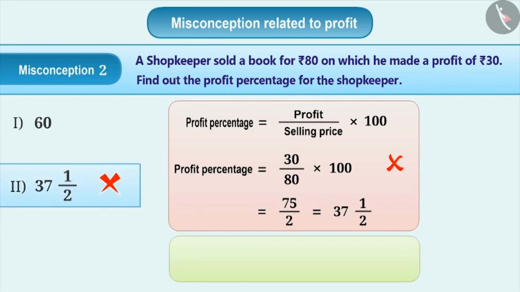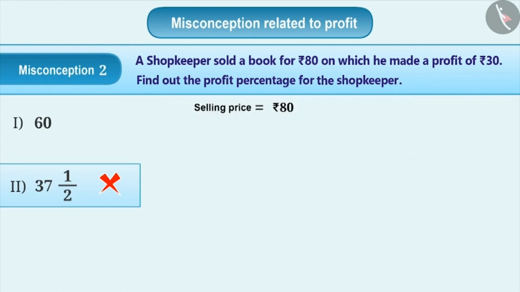The correct understanding is that profit percent or loss percent is always calculated on cost price. Therefore, profit percent is equal to profit by cost price into 100. We know the selling price, but we don't know the cost price. So let's find out the cost price.